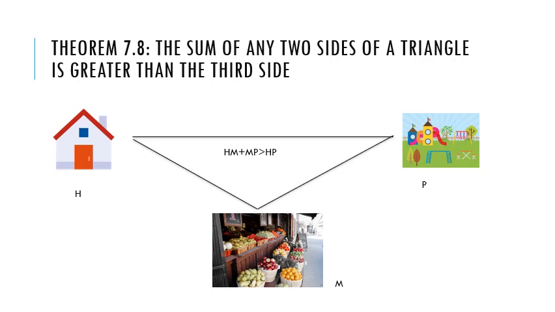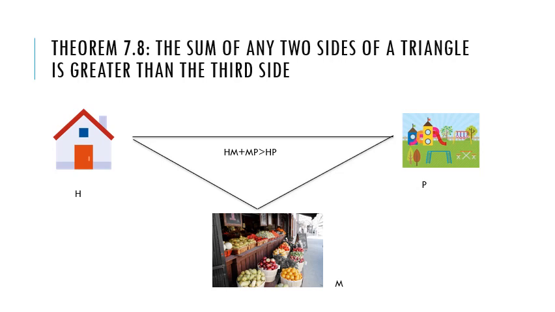But if I take a small detour and go to the market and then to the playground, my distance will be HM plus MP. So clearly you can see that if I directly go to the playground, the distance of the triangle HP is obviously shorter. But if I take a detour from HM to MP, the length is becoming longer.